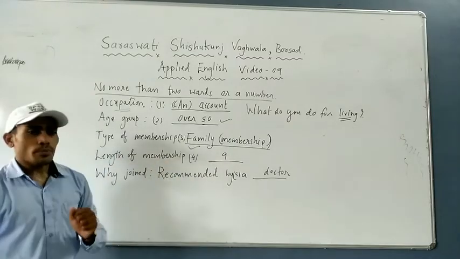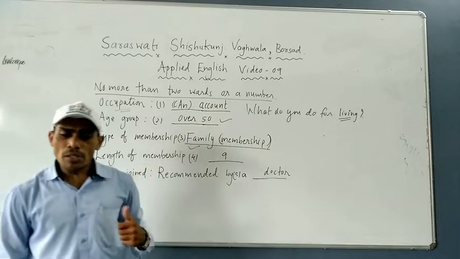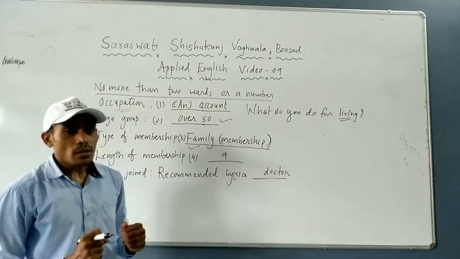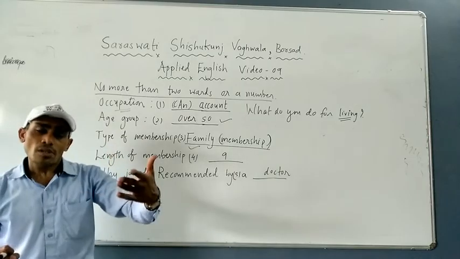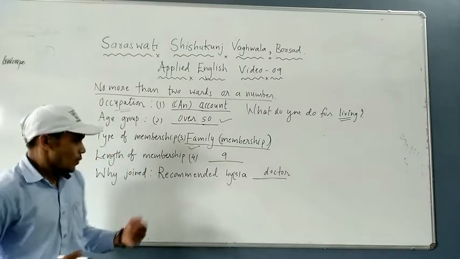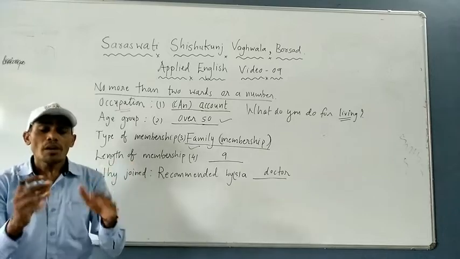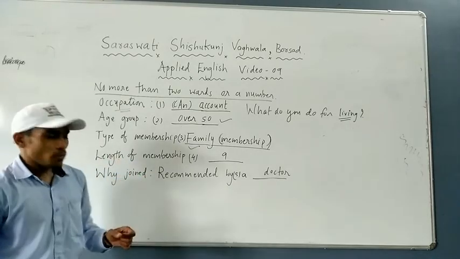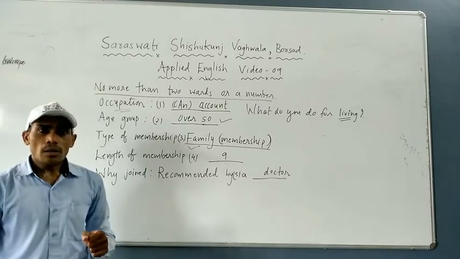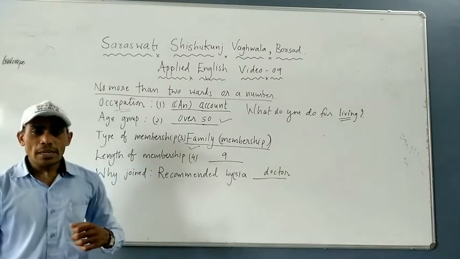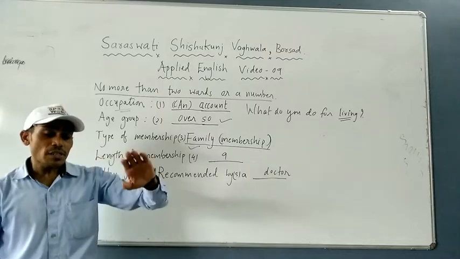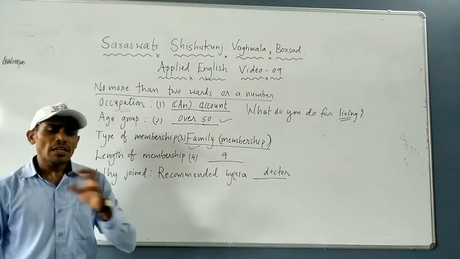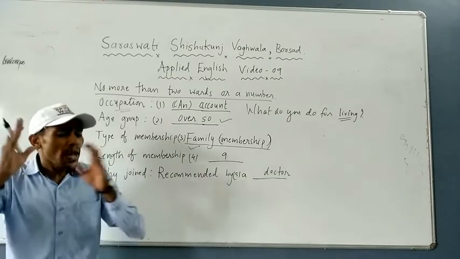Length of membership. Length of membership means how long have you been a member? The market research person asks an old lady, how long have you been a member? She does not directly say 9. If you have listened very carefully, it is 6 to 7, and again that old lady says, no, I have got it.